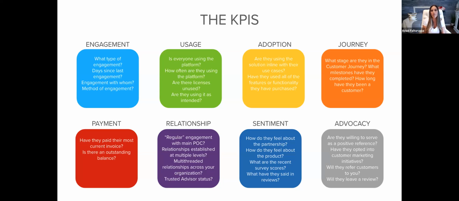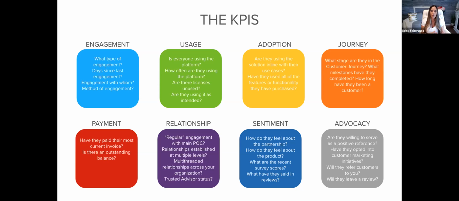So I could weight that to send a signal: this isn't good. You might also want to see, are they using everything based on what they've purchased? Because that's going to lean into downsell and upsell opportunity as well. So if they're using everything, great. How do we see if there are other opportunities for them to consume and use more? So again, it's more tied to how they're using it, not are they using it.